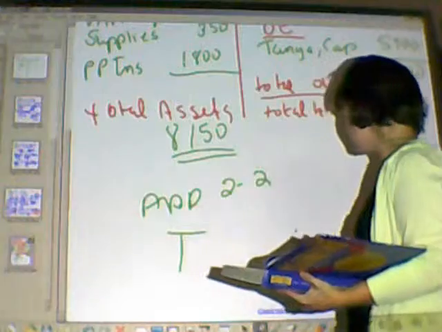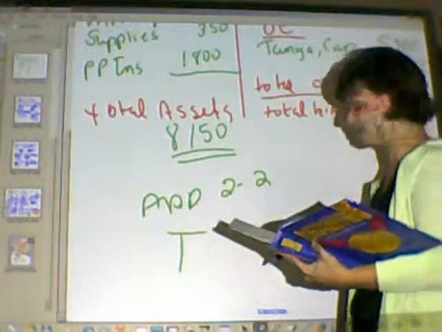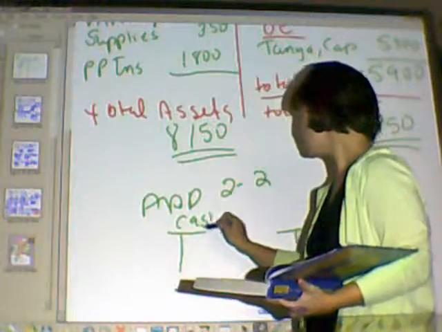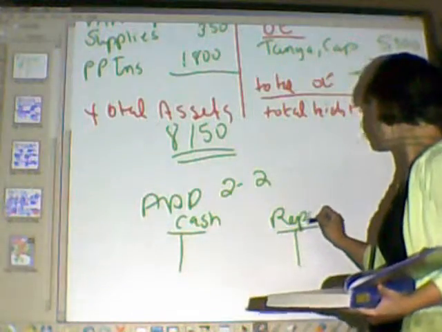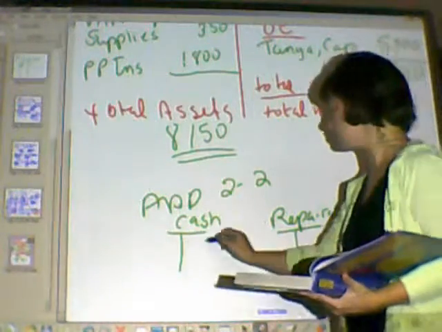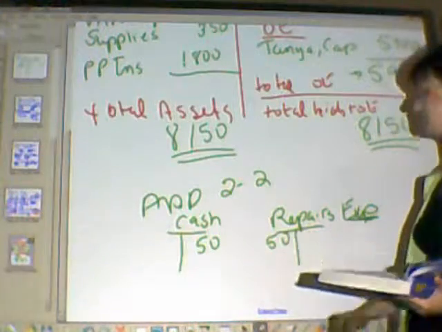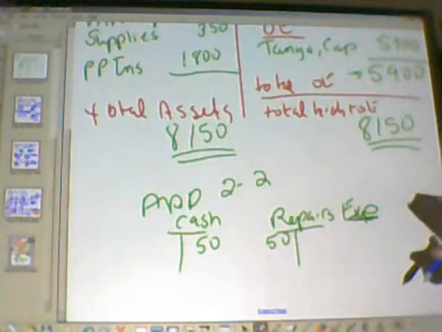I want you to do the T accounts, so let's do the first one together. Had equipment repaired and paid $50 cash. We got cash and repairs expense. And we paid $50, so cash is going to be credited. Repairs expense, expenses are always debited. That's how I want you to do transaction 1.